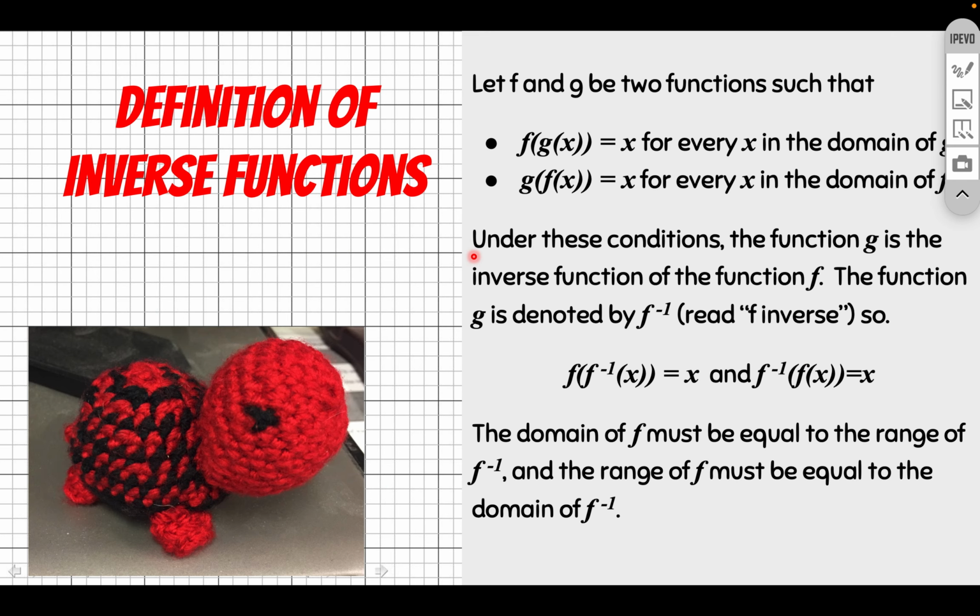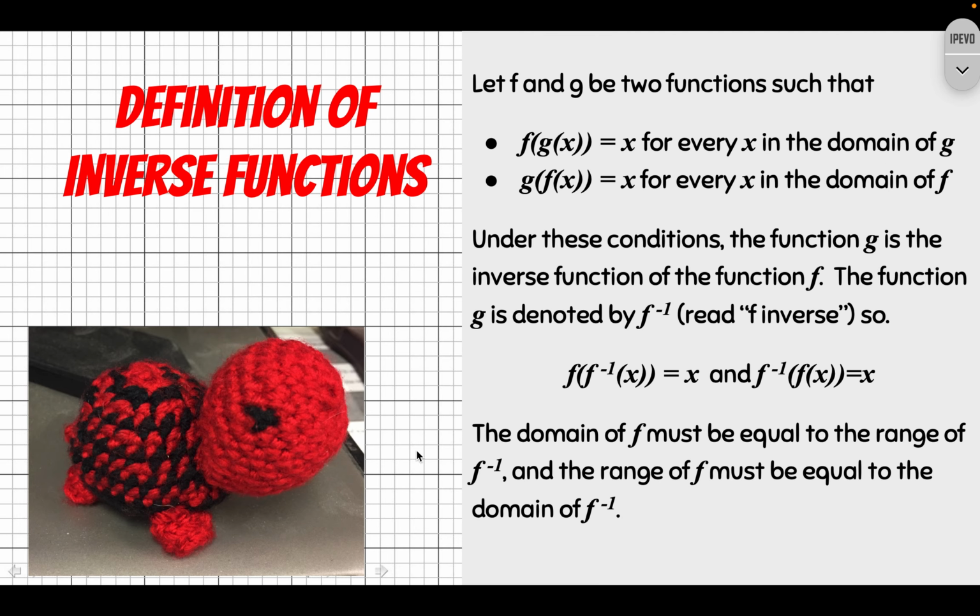So this is going to put in notes all these things we've talked about. F of g of x equals x for every x in the domain of g, and g of f of x is x for every x in the domain of f. So we have to have both of these true in order to make sense.